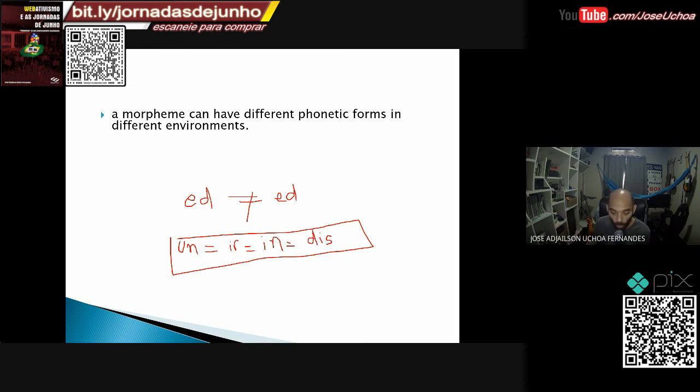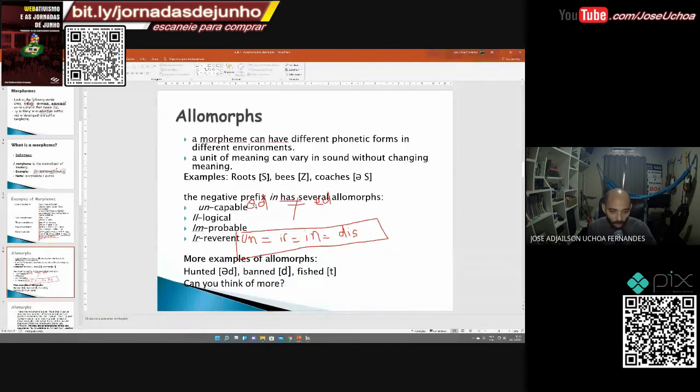So when they are homo, they are the same sounds. Allomorphs is a concept that comes from morphology. It's analogous forms with the same function, but that are sometimes spelled, sometimes pronounced differently, but with the same morphological function.